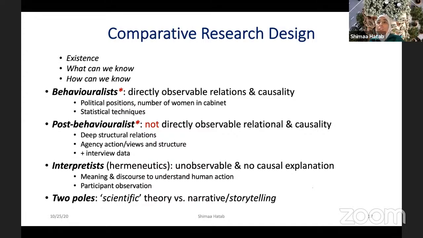So you need to understand the meanings, beliefs, norms, and rules that motivate political and social actors to behave in a certain way. And this is culturalism, and we are going to see how sociological institutionalists as well hold these ontological and epistemological positions.